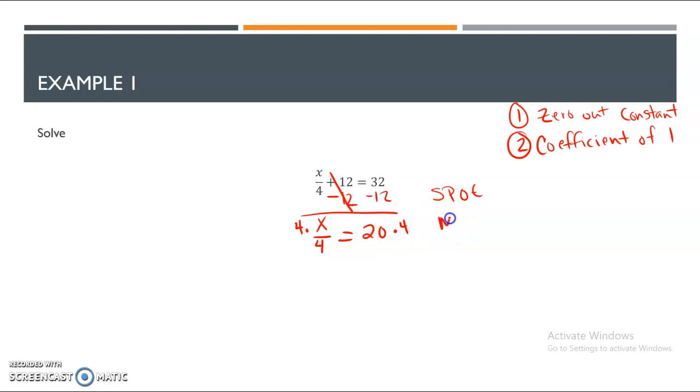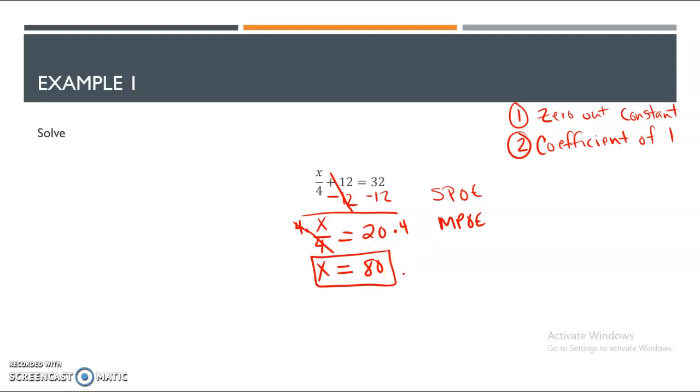That's my multiplication property of equality, MPOE. So 4 times x divided by 4 leaves us with just x, because 4 divided by 4 is 1, and equals 20 times 4, which is 80. And so that should be our answer.